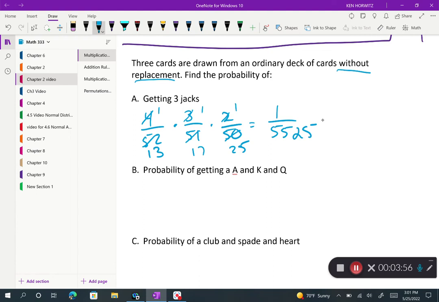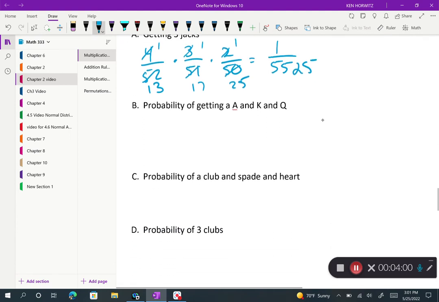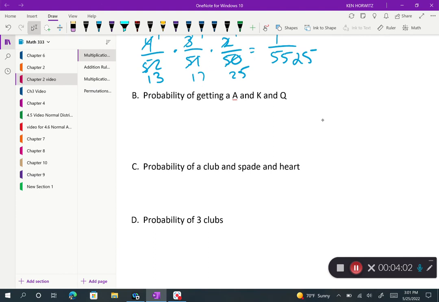All right, so again, we're drawing 3 cards without replacement. Now the question is probability of getting an ace, a king, and a queen. Note the and. The and tells me that we're doing multiplication rule, and the fact that it's without replacement tells me it is dependent events. So how many aces are there?